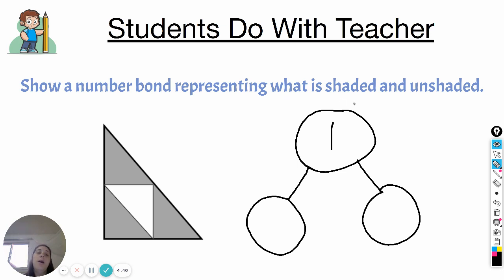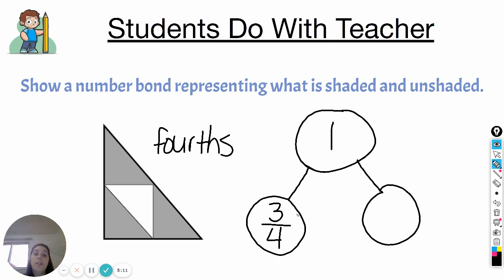Okay, let's go ahead and count how many pieces are shaded or colored in. So there are 1, 2, 3 gray pieces, or 3 of those gray triangles shaded. So I'm going to put a 3 for my numerator. There's 1, 2, 3, 4 pieces all together. So that'll be my denominator. So this shape is broken into fourths.